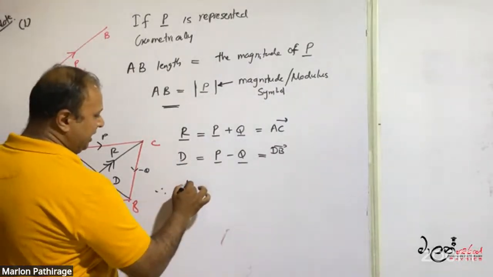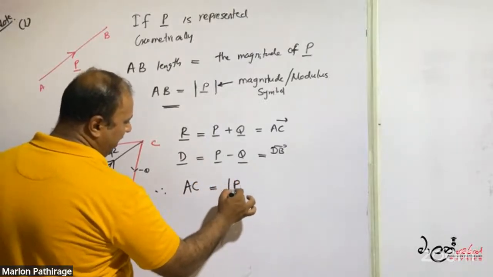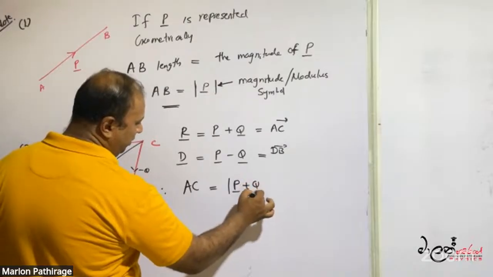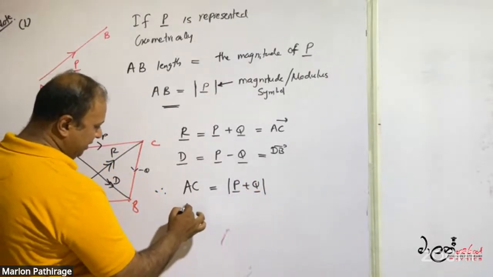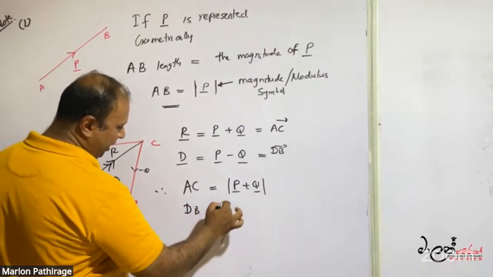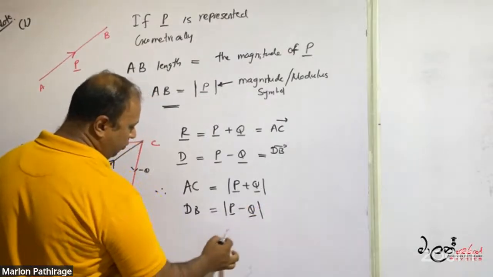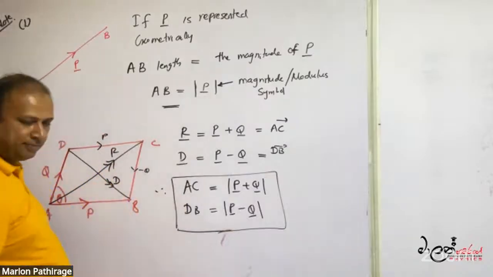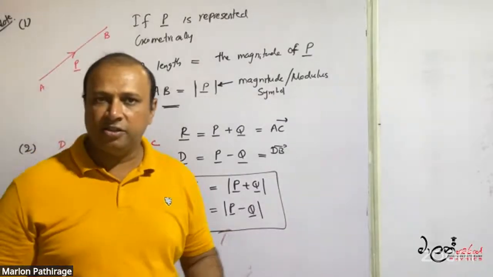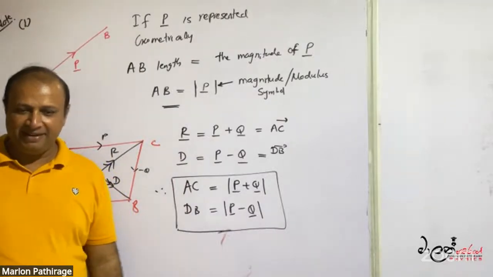Therefore AC length equals the magnitude of P plus Q vector, and DB length equals the magnitude of P minus Q vector. If you got my explanation, please raise your hand.